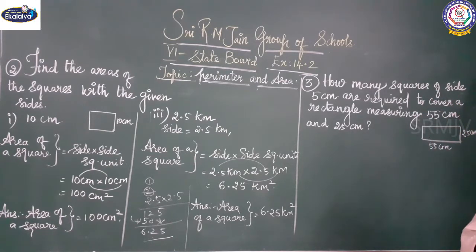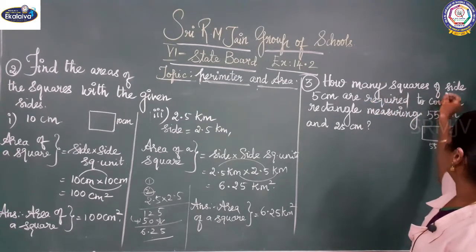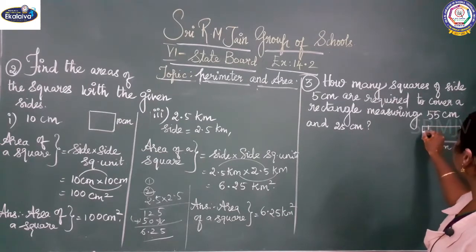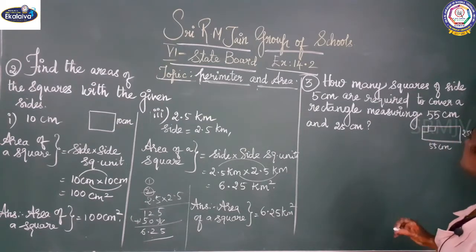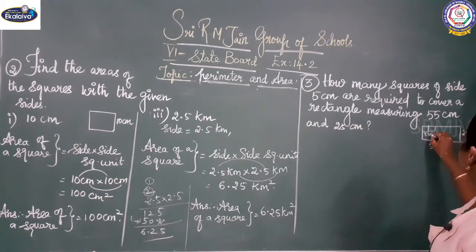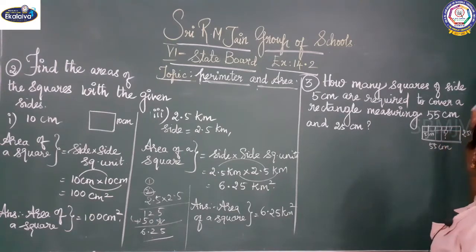In this I am going to arrange squares. The square side is what? 5 centimeter. So I am going to arrange the squares like this. So how many squares am I going to arrange? That is my question. Can you understand this, children?